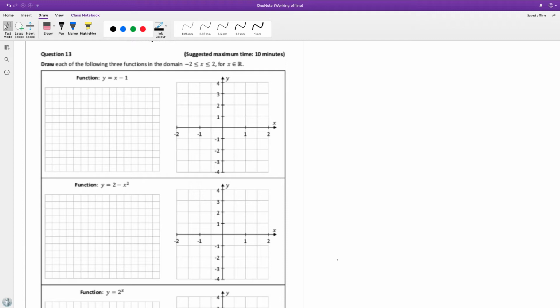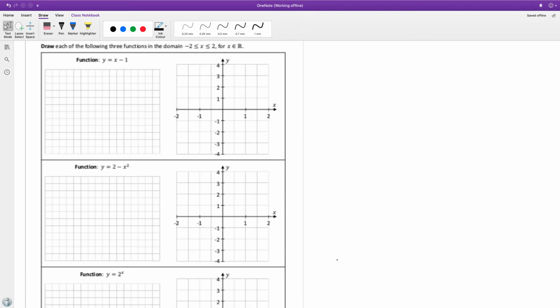I want you to draw these 3 functions between -2 and 2. Your inputs would be -2, -1, 0, 1, 2. And then you put it through your function, which is x minus 1, and there's your output.